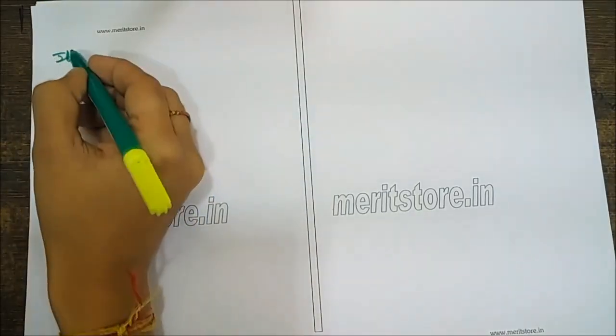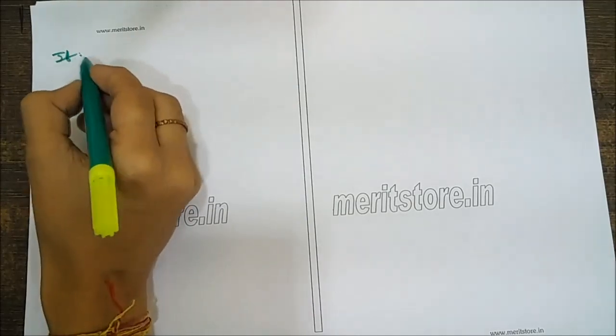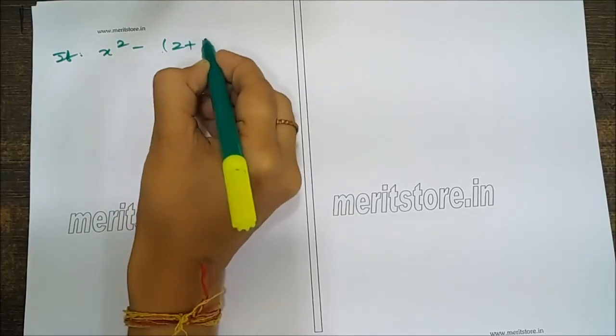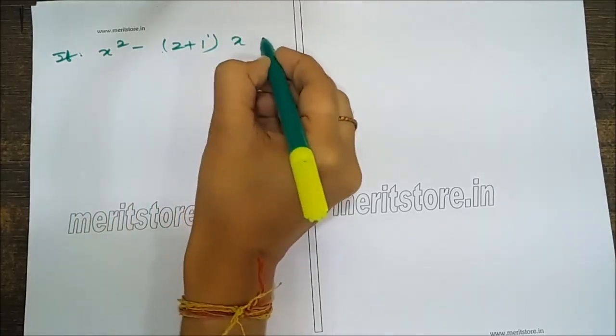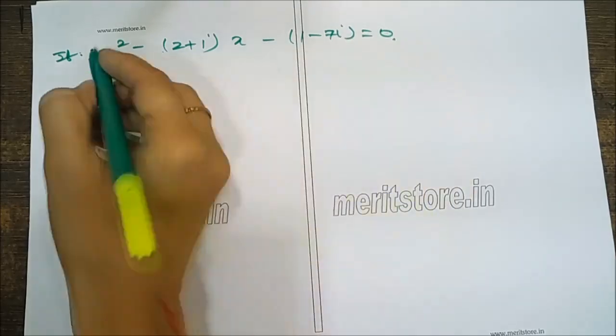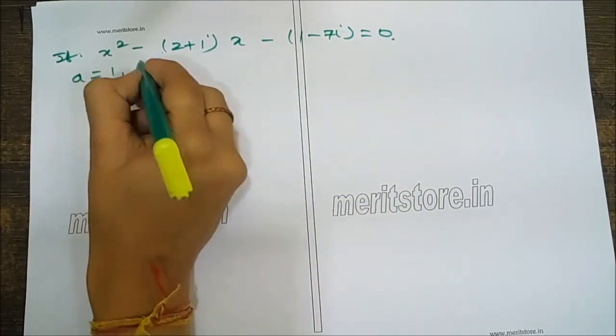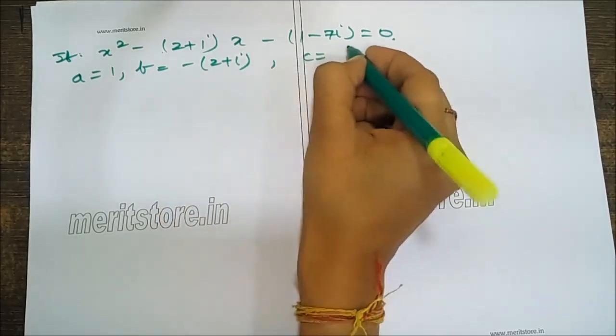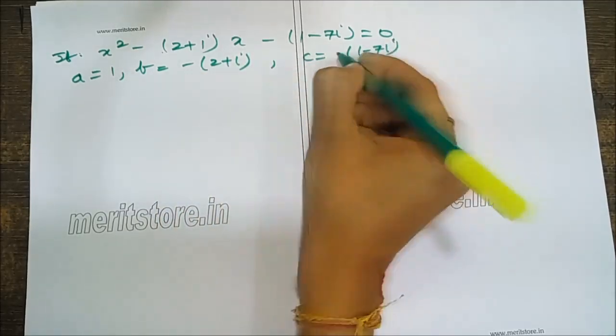Solve x square minus 2 plus i times x minus 1 minus 7i is equal to 0. Here a is 1, b is minus 2 plus i, c is minus 1 minus 7i.